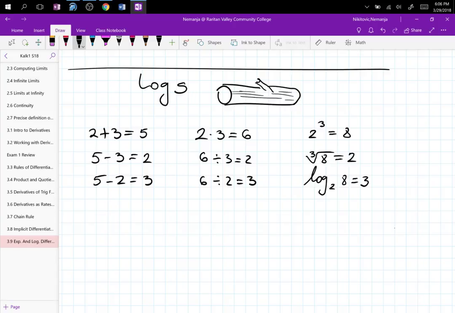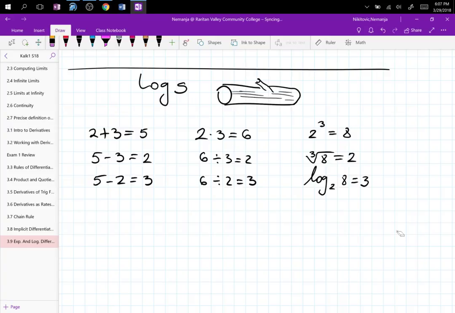So, what is log? Well, log is, as you can see, an inverse, one of the 2 inverses, for exponentiation. Addition and subtraction are inverses of each other because they undo each other. Multiplication and division are inverses of each other because they undo each other. And then, obviously, log and exponents are inverses of each other because they undo each other.